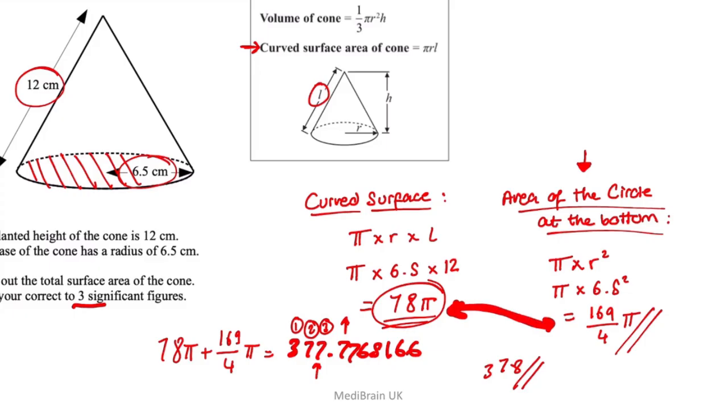So 245 add 169 over 4 pi, and then that would get you your final answer. If you got 245, you've only used this formula and worked out the curved surface. You also need to work out the area at the bottom, and you need to add together the two values.